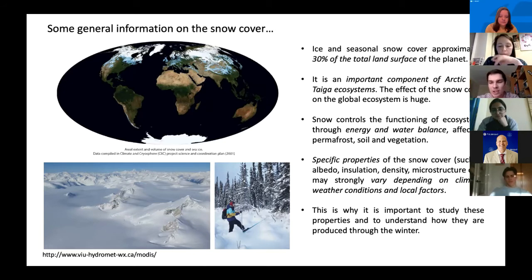And it is not only temperature growth in the Arctic which affects this whole environmental system, but also the amount of precipitation and the specific properties of snow cover and its distribution, because deeper snow will provide warmer temperatures at ground level. So this is why it is important to study these properties and to understand how they are produced through the winter, and which processes are responsible for that.